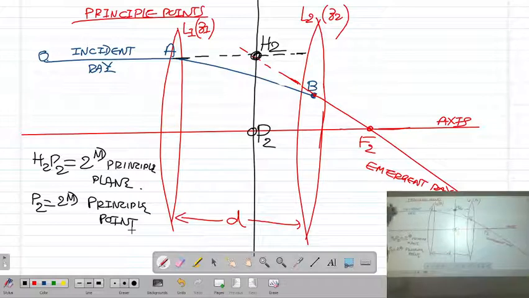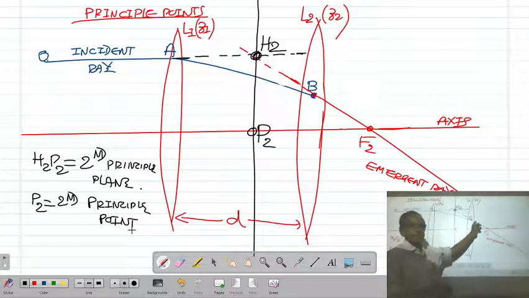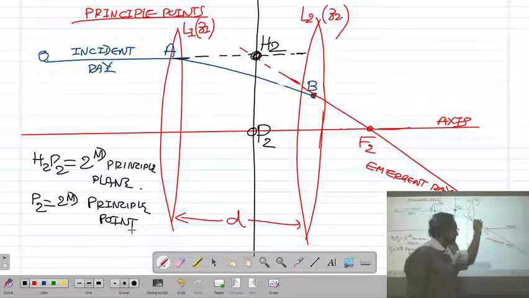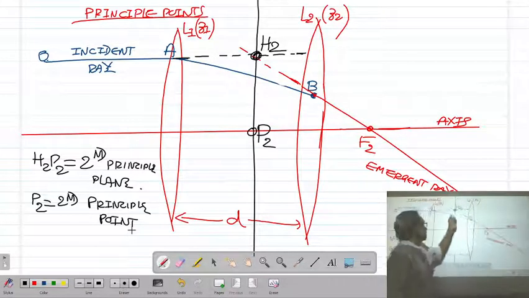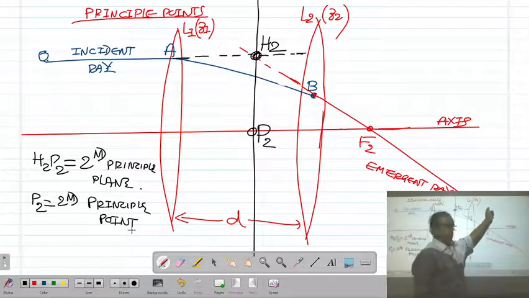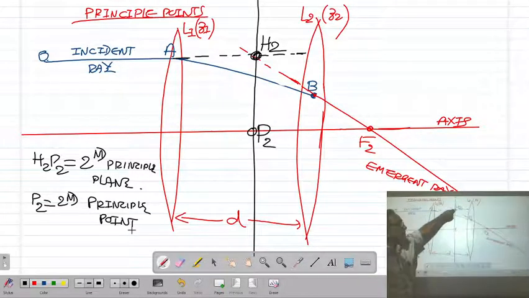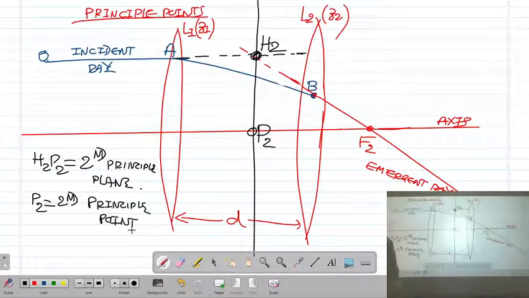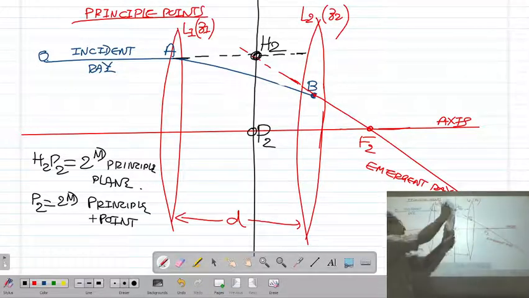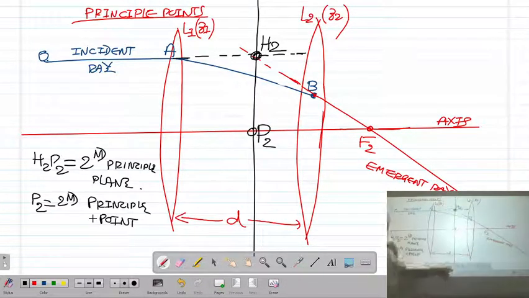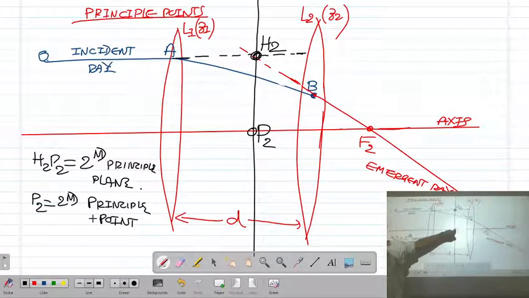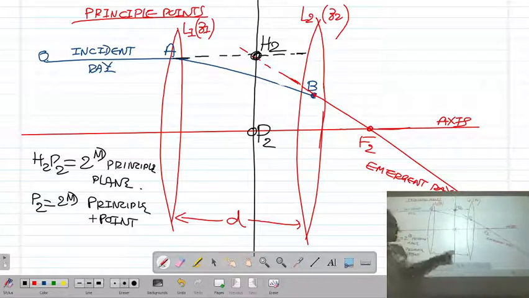So the ray of light OA traveling parallel to the axis undergoes refraction in the lens system, and after refraction it will pass through the second focal point F2. If you extend the incident ray in the forward direction and the emergent ray in the backward direction, both the rays meet at point H2. The plane passing through H2 and perpendicular to the axis is the second principal plane, and the point P2 at which it intersects the axis is the second principal point.